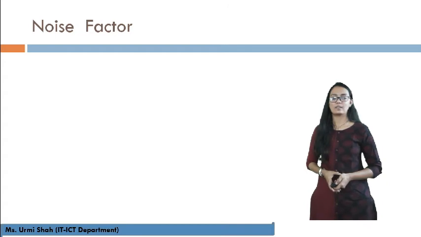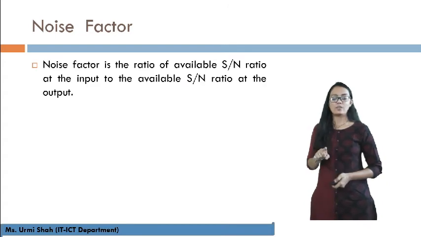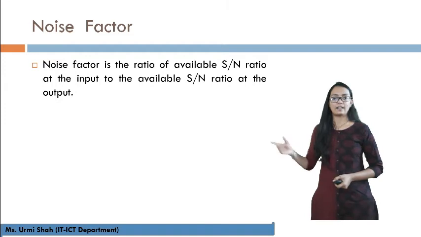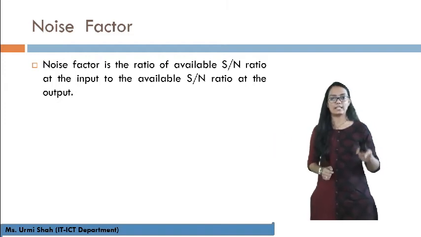Now the next is noise factor. Based on the SNR, we will be able to understand what noise factor is. Noise factor is the ratio of available SNR at the input side to the available SNR at the output side. Let's take an example.